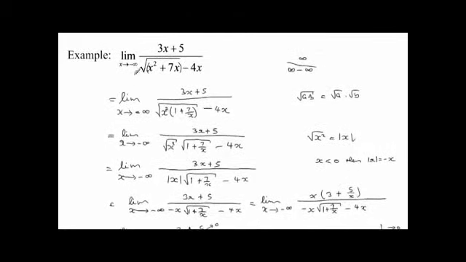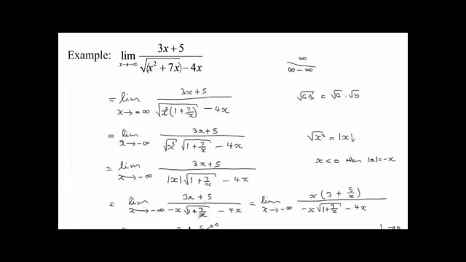And then at that point, we would have finalized our determination of the limit of the expression which was given here as 3x plus 5 over the square root of x squared plus 7x minus 4. In this case, you can see as x is tending to minus infinity.